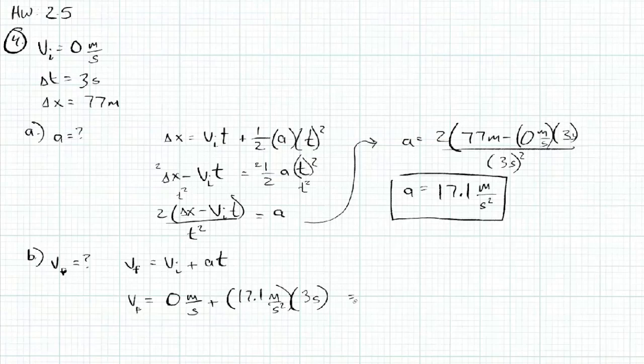That'll give us an answer in meters per second because the second and the second squared will cancel out, and we get an answer of 51.3 meters per second. I should just rewrite that with what I'm solving for: final velocity VF equals 51.3 meters per second.